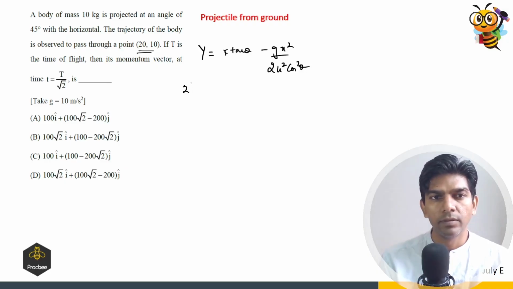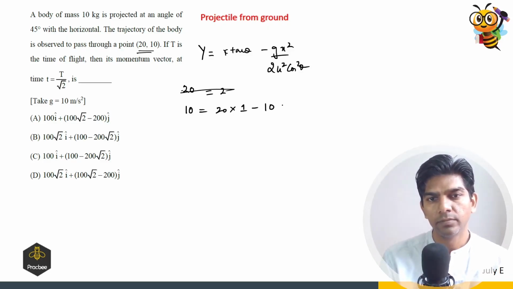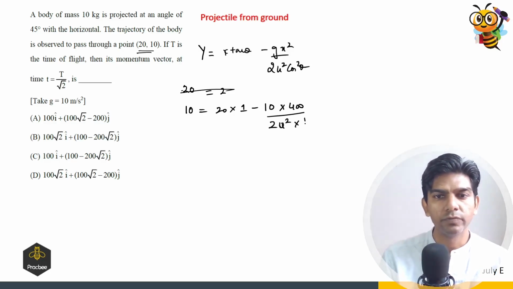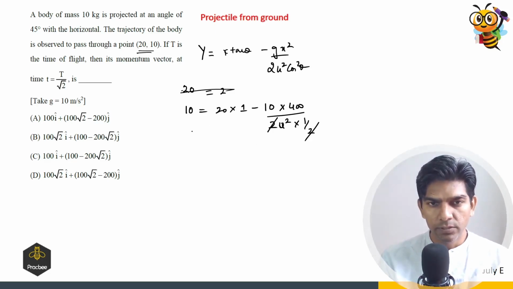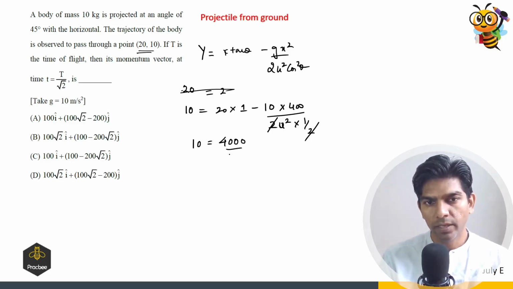So y is 10, x is 20, and tan 45 is 1, minus 10 times 20 square, so 400, divided by 2 times u square times cos square 45 is 1 by 2. So from this we will get 10 equals to 4000 by u square, or u square will be 400, or u will be 20 meters per second.